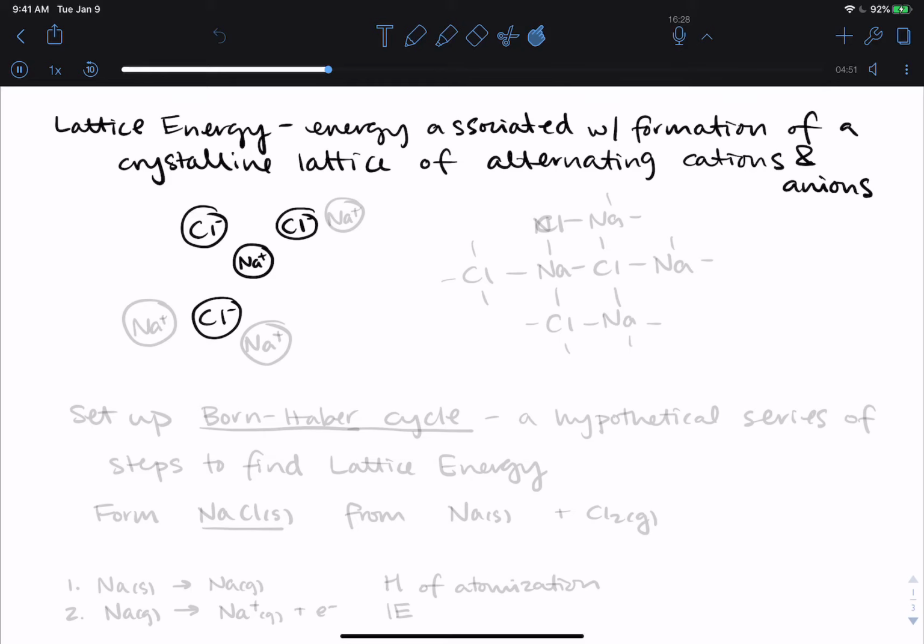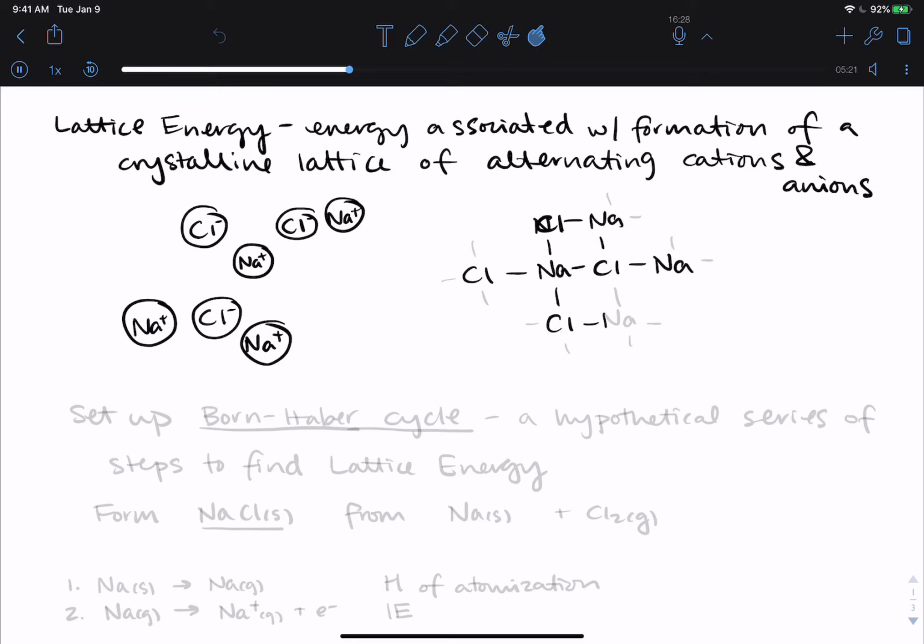But then the chlorines will all attract sodiums around them in 3D space. And what you end up with is just Na connected to Cl, essentially. And every Cl is connected to an Na.